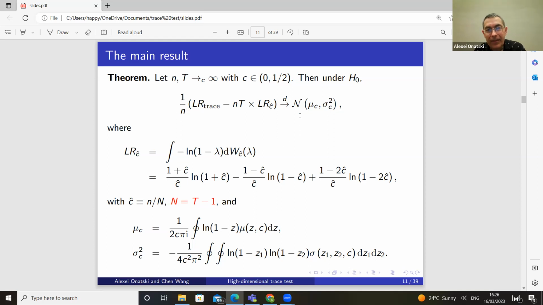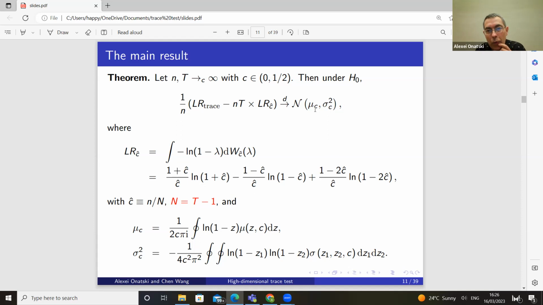This object is something describing the first order behavior of the likelihood ratio statistic that I already showed you. It's the integral with respect to the Wachter distribution of this thing, except that the Wachter distribution here is indexed not by c, but by this c hat. You can remember this Wachter distribution has a very simple density, so you can explicitly compute this integral, and it has this form. So this is my center.